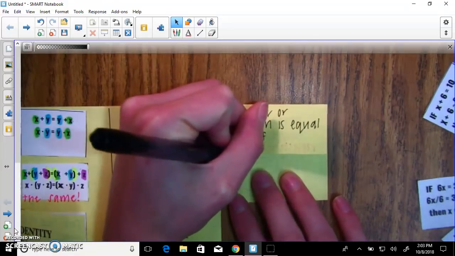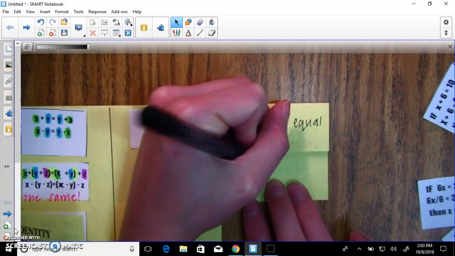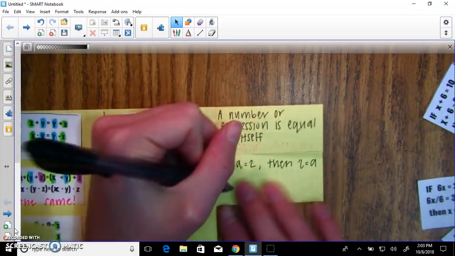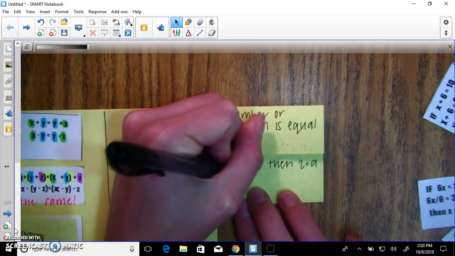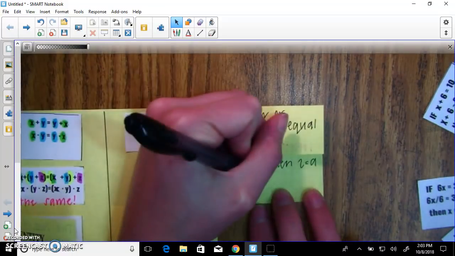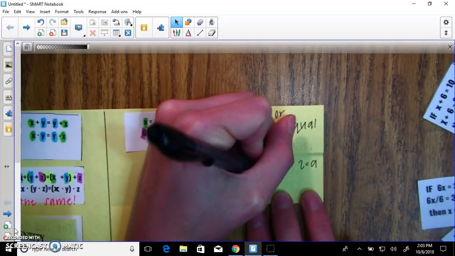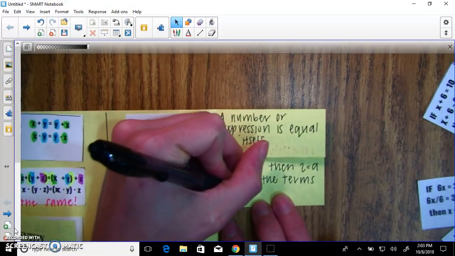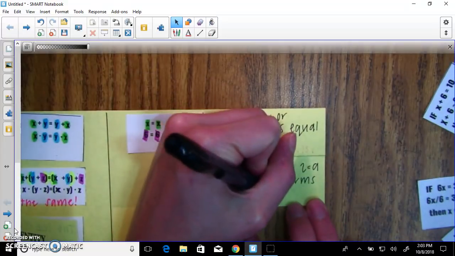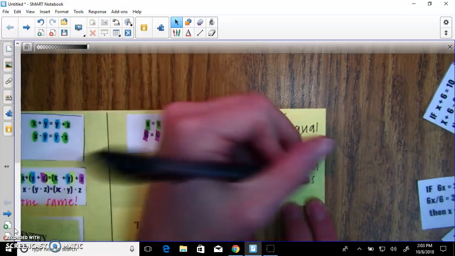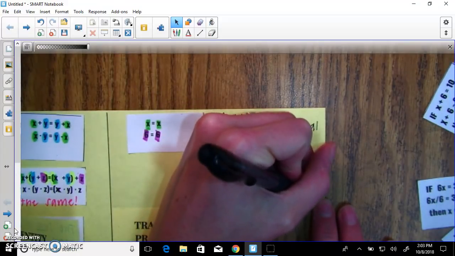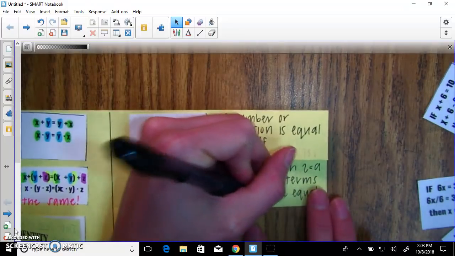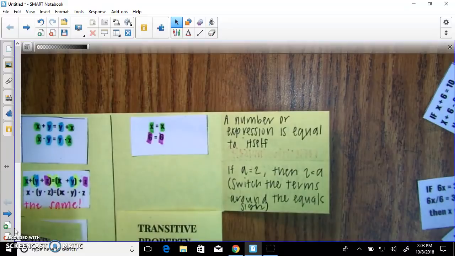If A equals 2, then 2 equals A. So we can switch the terms around the equals sign.